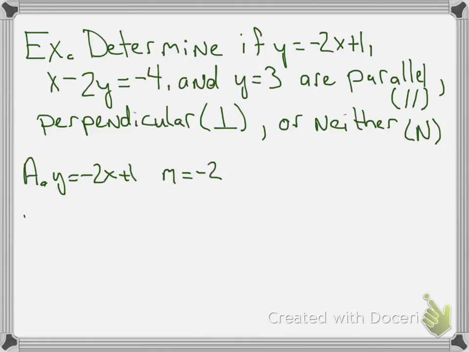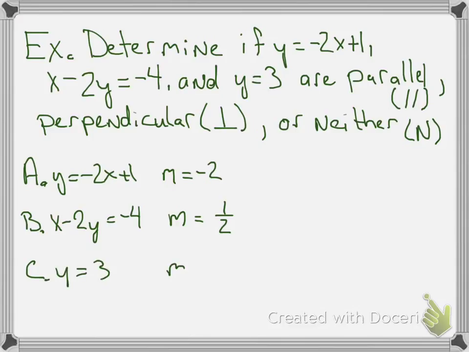That one's simple. The second one, x minus 2y equals negative 4. If you do the whole negative a over b, then that would tell you the slope is positive 1/2. And then y is equal to 3. If it's y equals just a number, the slope is 0. If it was x equals a number, the slope is undefined.